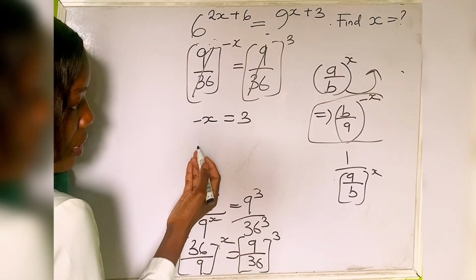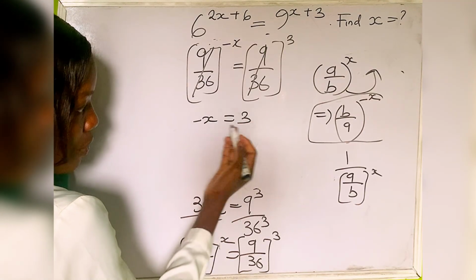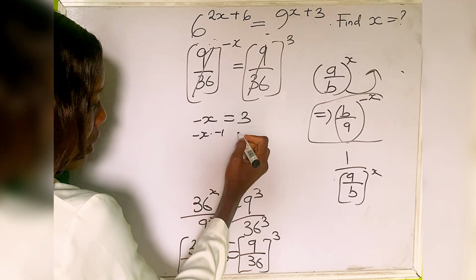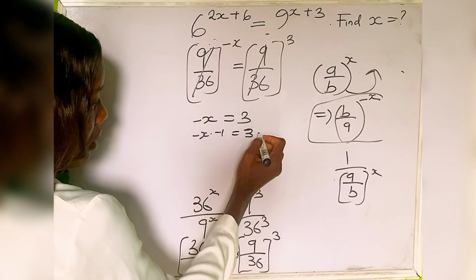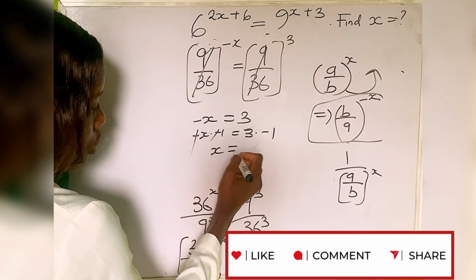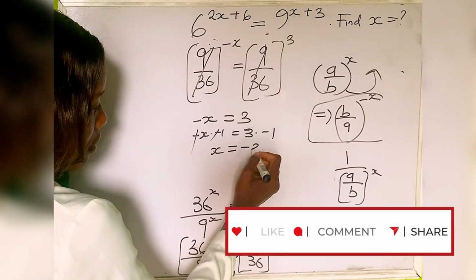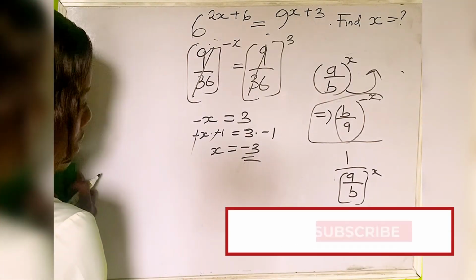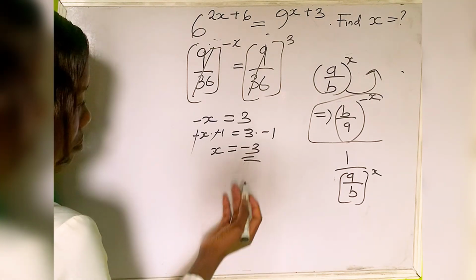Multiply both sides by negative 1. Negative, negative, we have that x is equal to negative 3. So our final answer for x is negative 3. So let's verify.